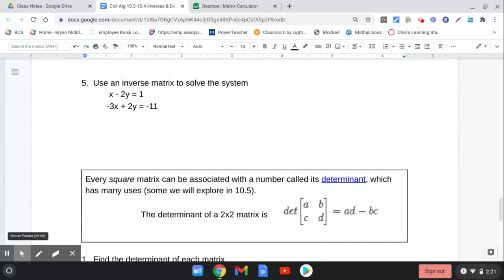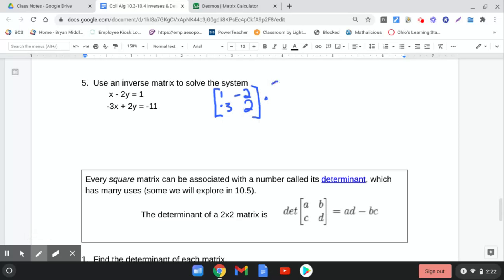So here is one of the ways that we can use inverse matrices in actually a helpful way. What I'm going to do is rewrite this whole thing as a matrix equation. Okay, so remember we did these coefficient matrices. So these are the coefficients, 1 and negative 2, and then negative 3 and 2.